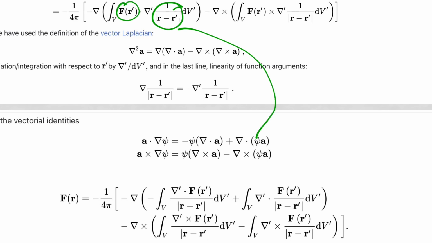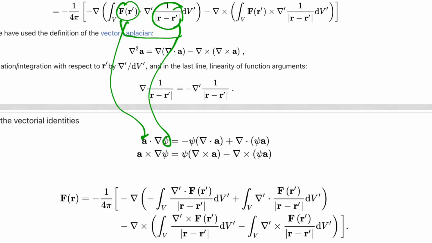And this f is A, and this whole thing right here, I guess we should say, I'll erase this line here, this whole thing here is this psi, and we're going to substitute all of that for this. And that's what is down here, right?